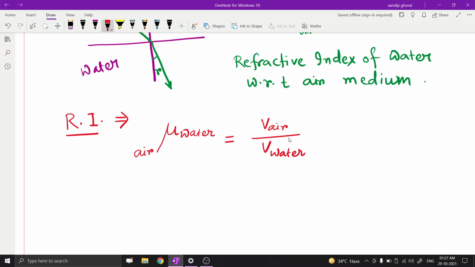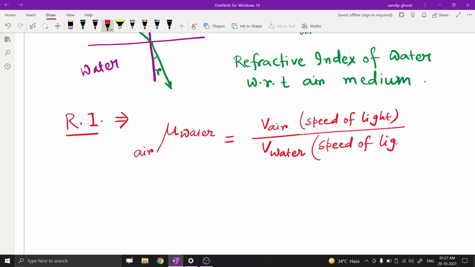This is the speed of light in the air medium, and this is the speed of light in the water medium. If we take a simple problem, then we can easily find the magnitude of mu, or the value of the refractive index.